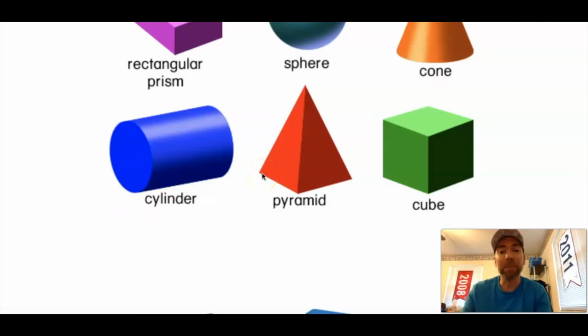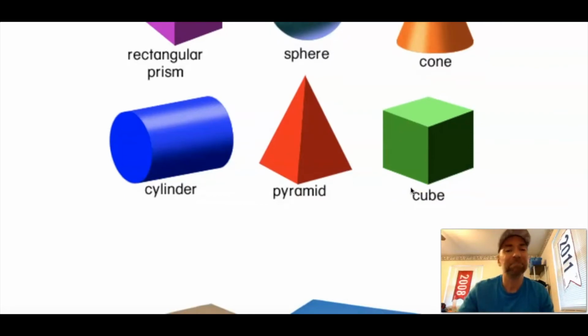And I like to remember the pyramid because I'll see a triangle on the side of my pyramid. And then the final 3D shape is the cube. The cube also has 6 faces, but every face on a cube is a square. Usually when we roll our dice in class, we're rolling cubes.